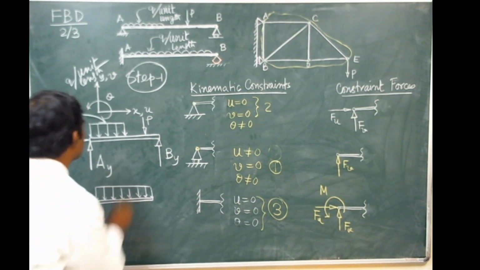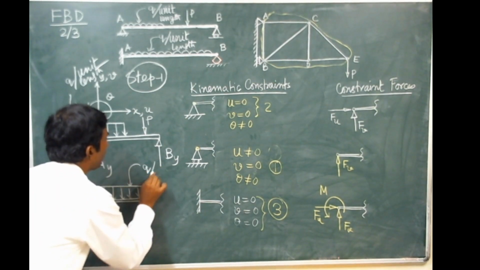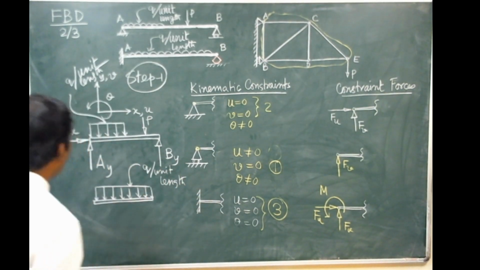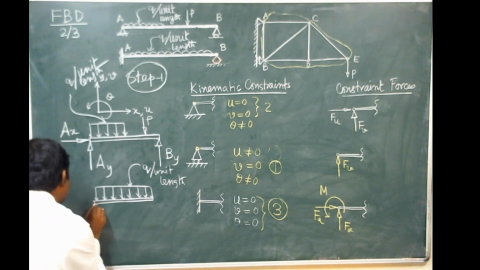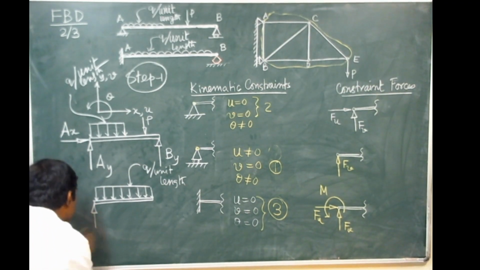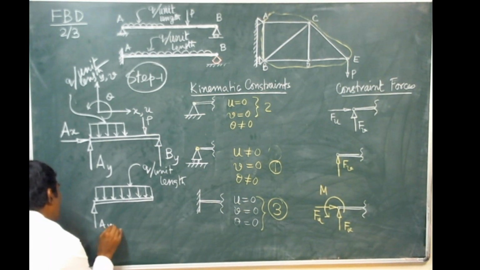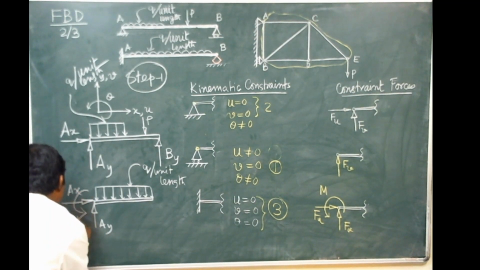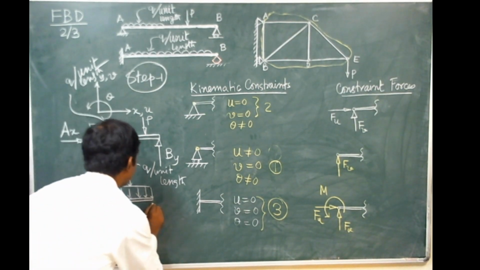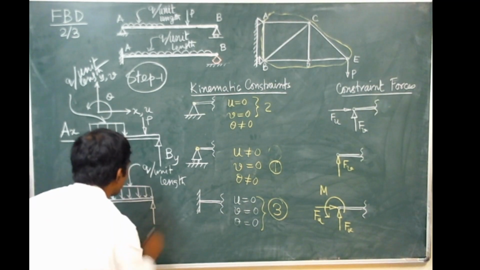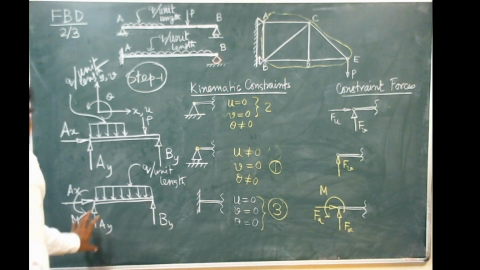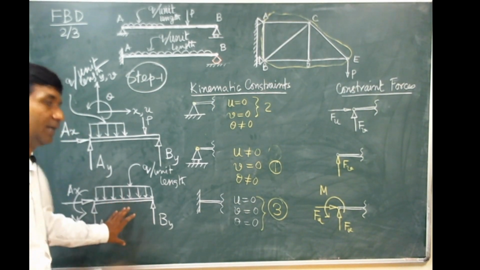It is uniform, that's why intensity Q per unit length, and this end is clamped, so there would be three constraint forces, AY, AX and MA, and here you get BY. Whether the number of unknowns is more than the number of equations, that we shall discuss later.